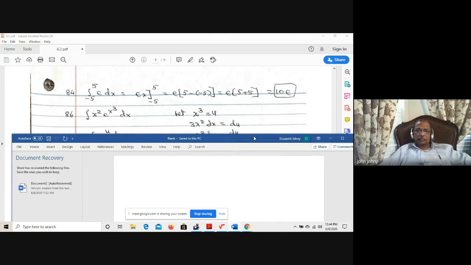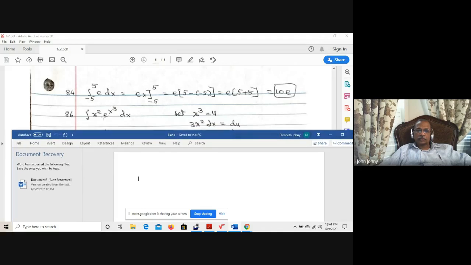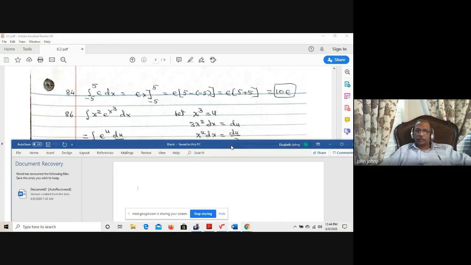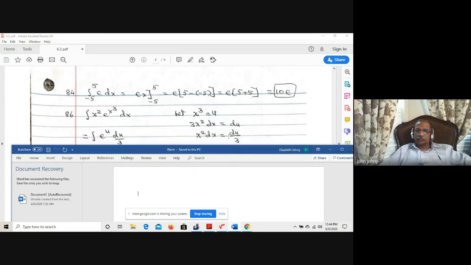Next, x square e to the x cubed dx. You need a substitution. Let u be equal to x cubed. So differentiate both sides with respect to x. You get 3x square dx is equal to du. That is x square dx is equal to du over 3. Divide both sides by 3.